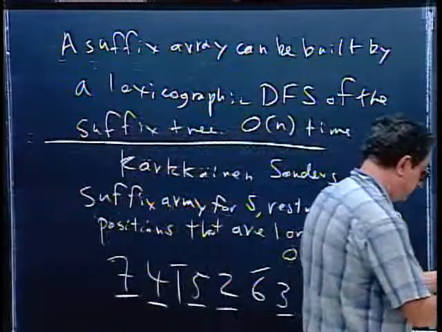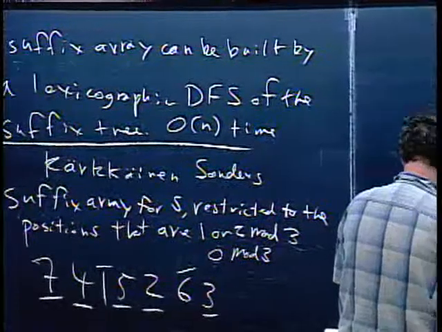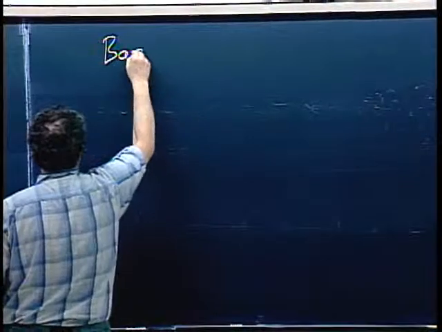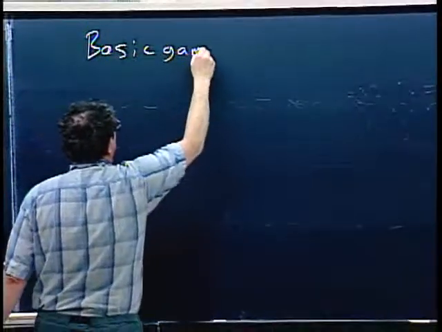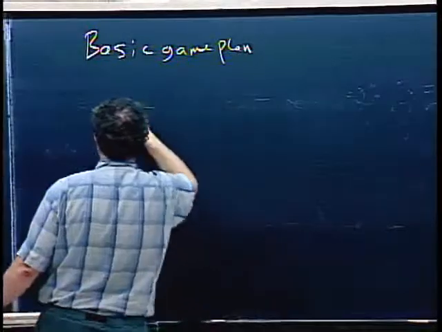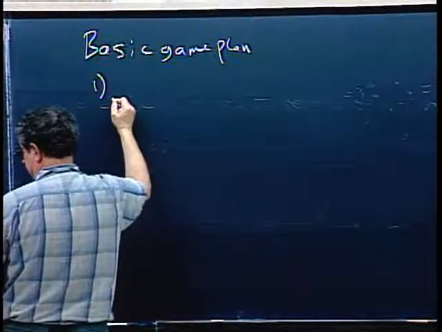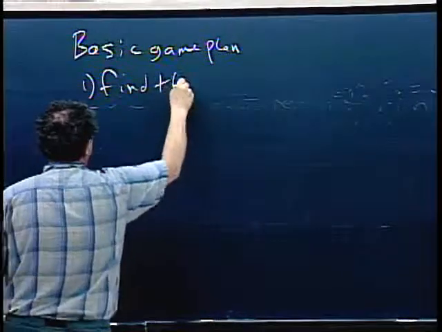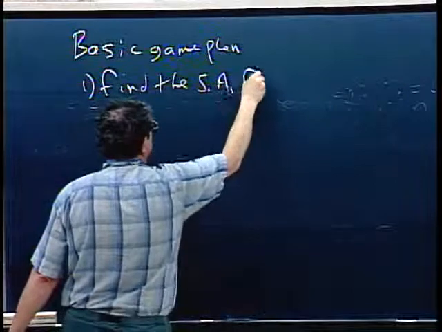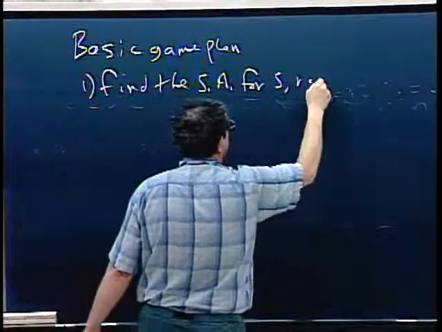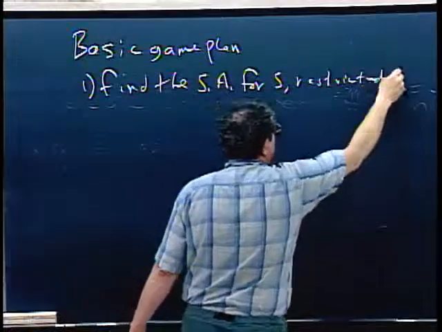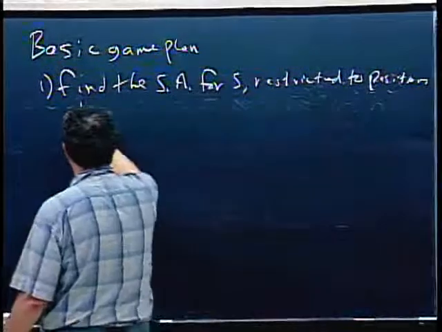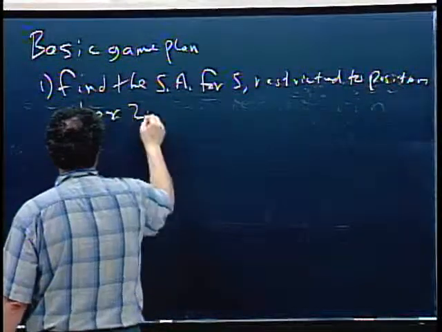Well, actually, let me write out the basic game plan again, what I just said. Step 1 is, find the suffix array for the string S, but restricted to positions 1 or 2 mod 3.